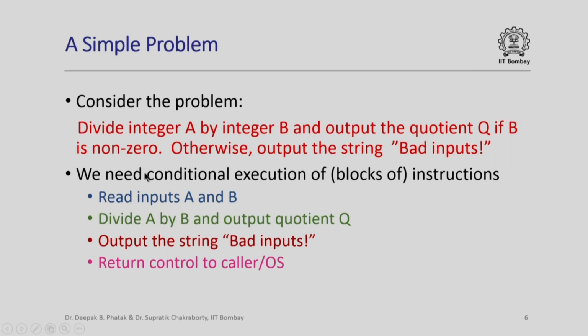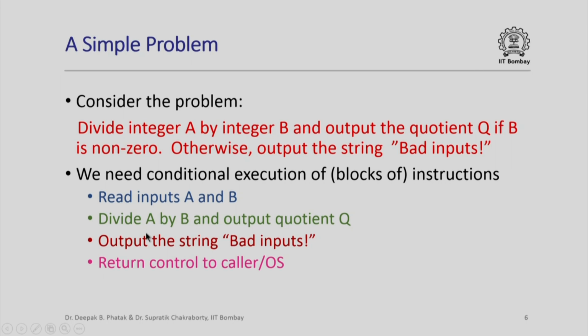As you can see, we need conditional execution of instructions or blocks of instructions in order to solve a simple problem like this. The different blocks of instructions that I might need to solve this problem are reading inputs a and b, dividing a by b and outputting the quotient q, outputting the string bad inputs, and returning control to the caller or the operating system.